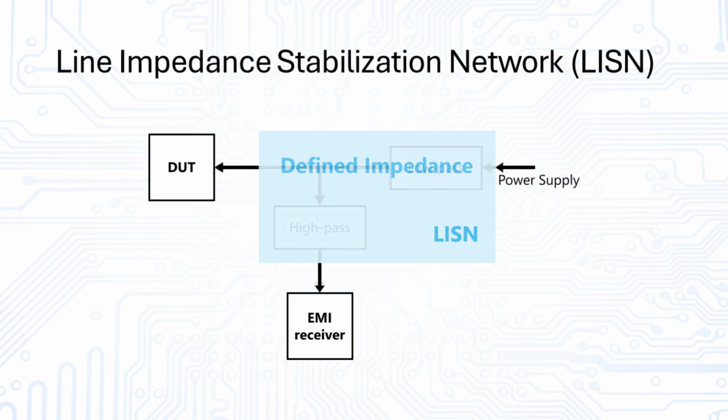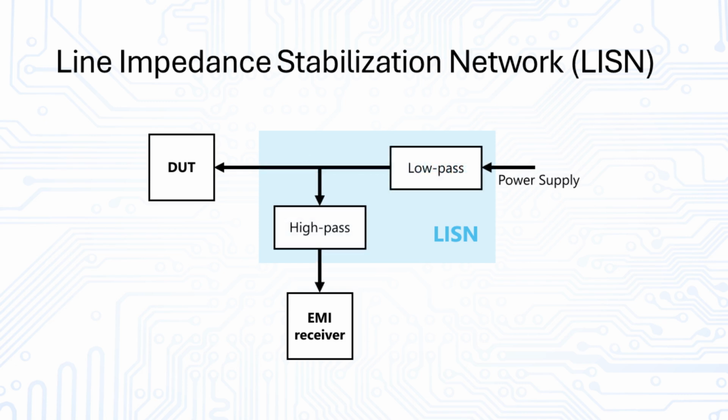The fundamental building blocks are shown here. Such a LISN consists of a low-pass filter placed between the device under test and the power supply, and a high-pass filter connecting the DUT to our measurement instrument, in this case an EMI receiver. The high-pass filter blocks low-frequency components from reaching the measurement instrument.